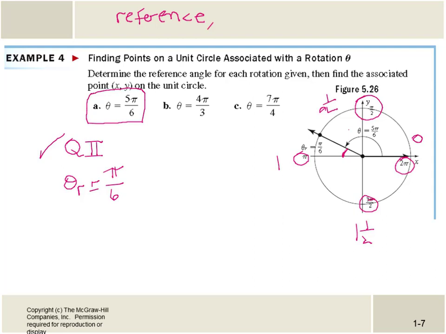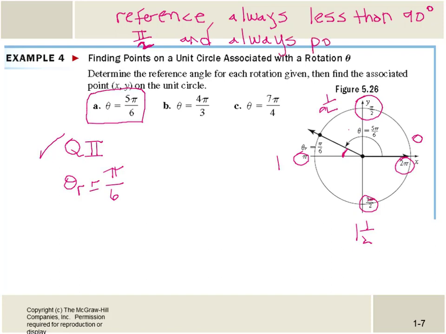Reference angles are always less than 90 degrees, pi over 2. So it's always less than 90 degrees or pi over 2, and always positive.